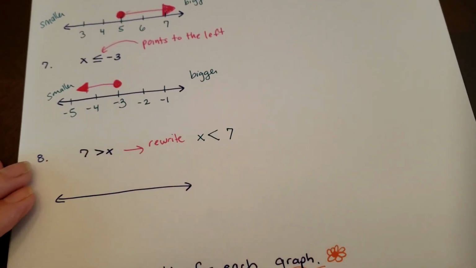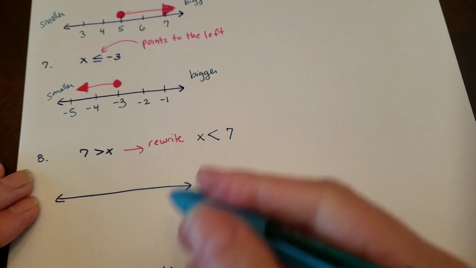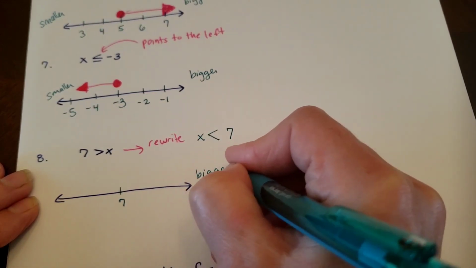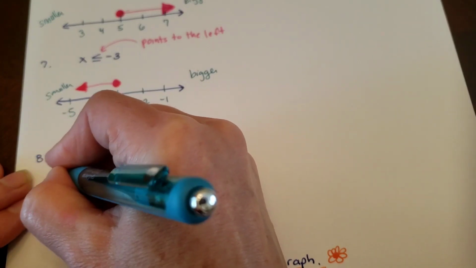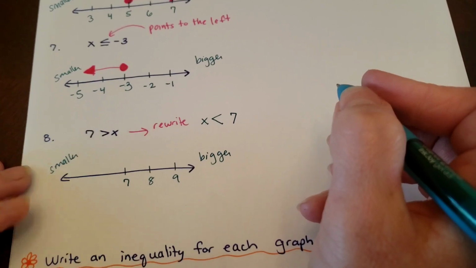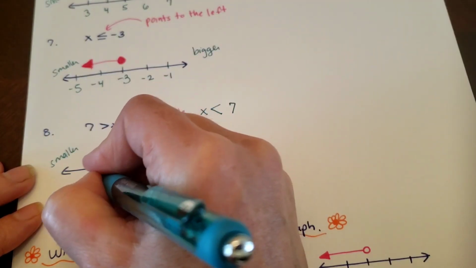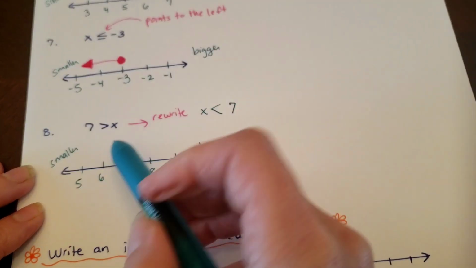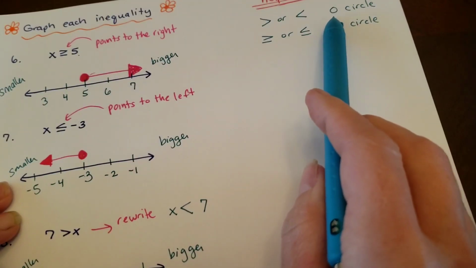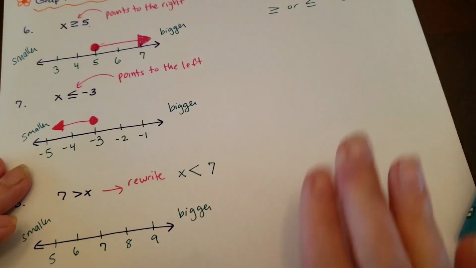So we're going to, again, put our number in the center. So we have this 7, it's going to go in the center. Number's bigger on the right, smaller on the left. So bigger is like 8 and 9. Smaller is 6 and 5. No bar this time. So if we go back up to our list, no bar means open. So I will not be putting a solid bar on here.